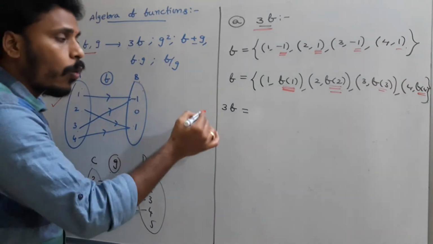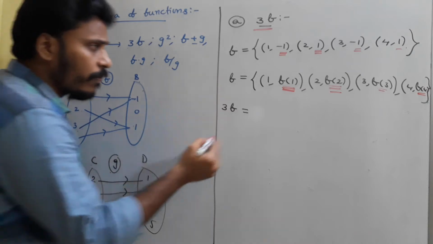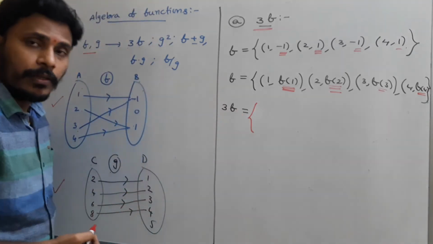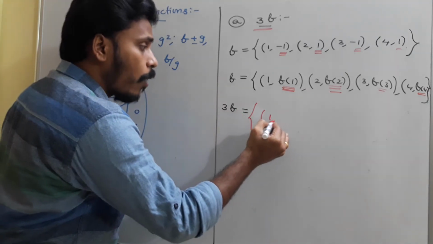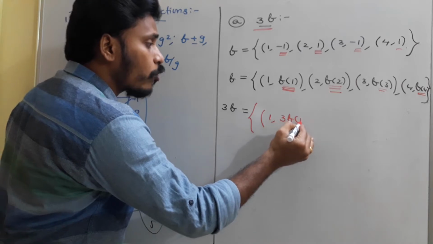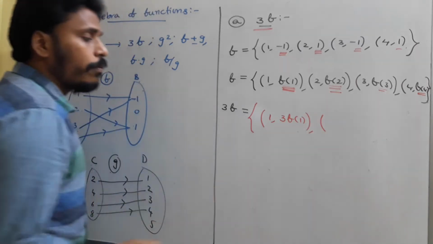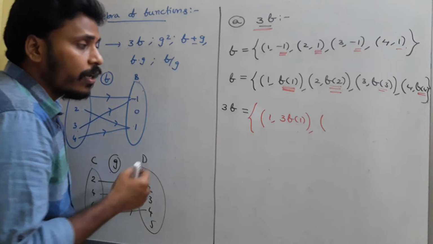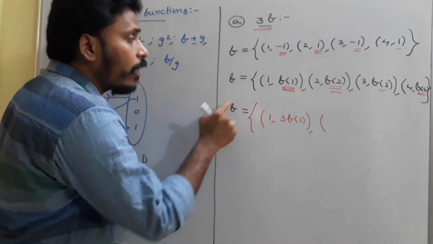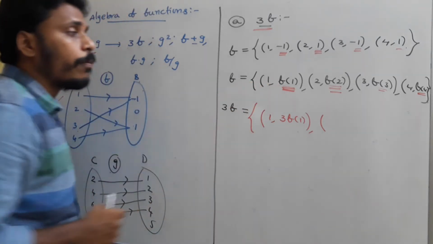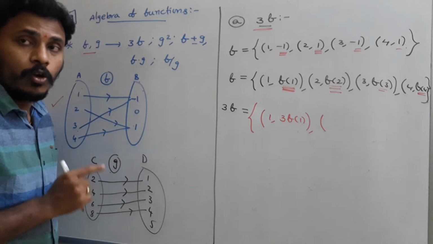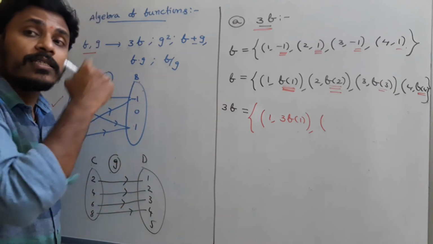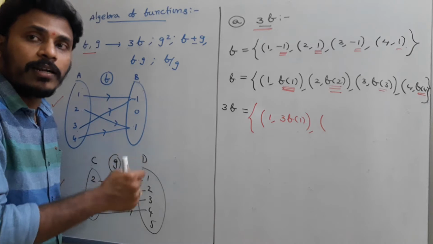That is f. Now what to say about 3f? See, 3f is simply containing the ordered pairs 1 comma 3 times f of 1. People may think that usually we need to multiply both the elements of the ordered pair with 3. It is not correct actually. You just multiply the second element of the ordered pair with 3.